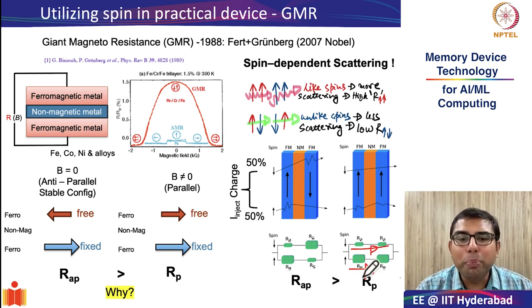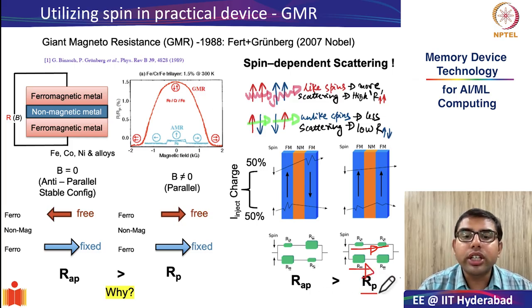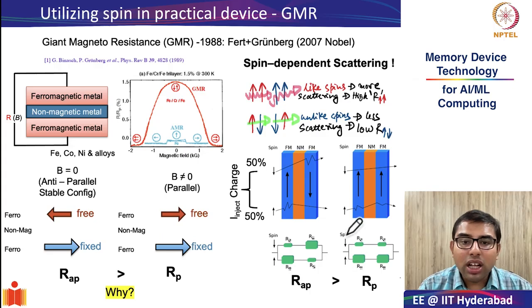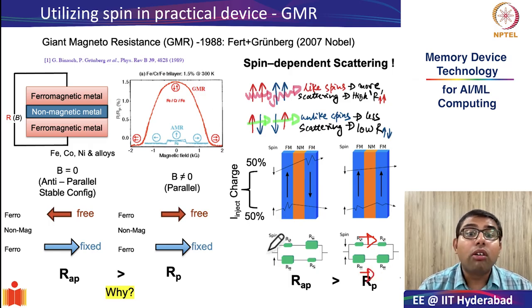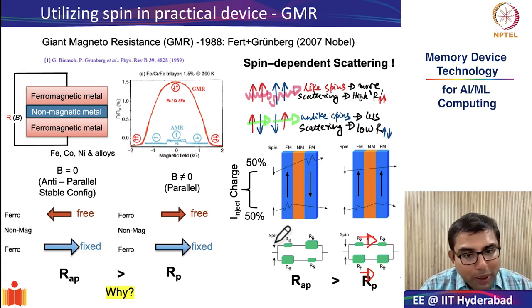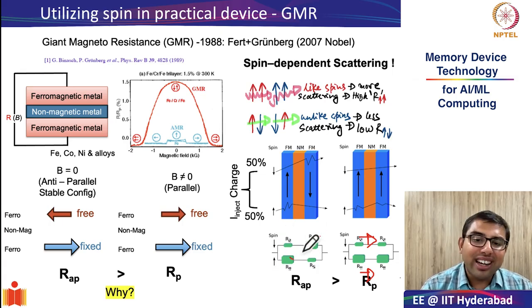You can do a very simple resistance analysis and show that the resistance of the parallel configuration will be lower than that of the anti-parallel configuration, and the reason is that here 50% of the spin sees only low resistance, whereas the other 50% sees very high resistance, whereas in the anti-parallel configuration, both spin up and spin down see high resistance.